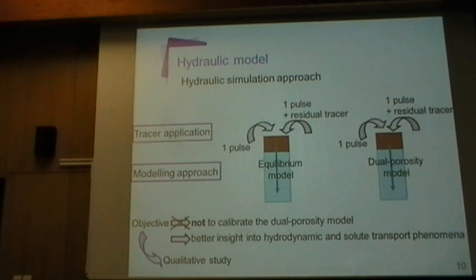What was the tracer? Fluorescein. So the modeling results will be compared in terms of concentrations at the outlet of the filter. At this moment, the objective is not to calibrate the dual porosity model, but only to have a better insight into hydrodynamics and solute transport phenomena.